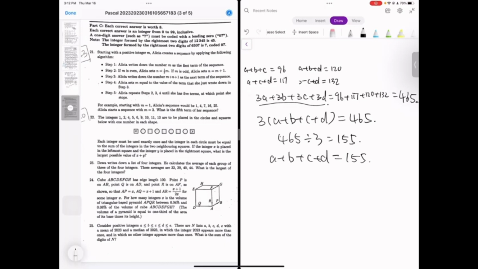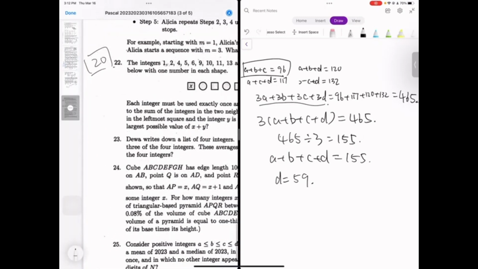So we just find the equation that has the least value, which is this one, and we know that this is the sum of a plus b plus c, so the largest number should be d, and d equals 155 minus 96, and that is 59. So the final answer is 59.